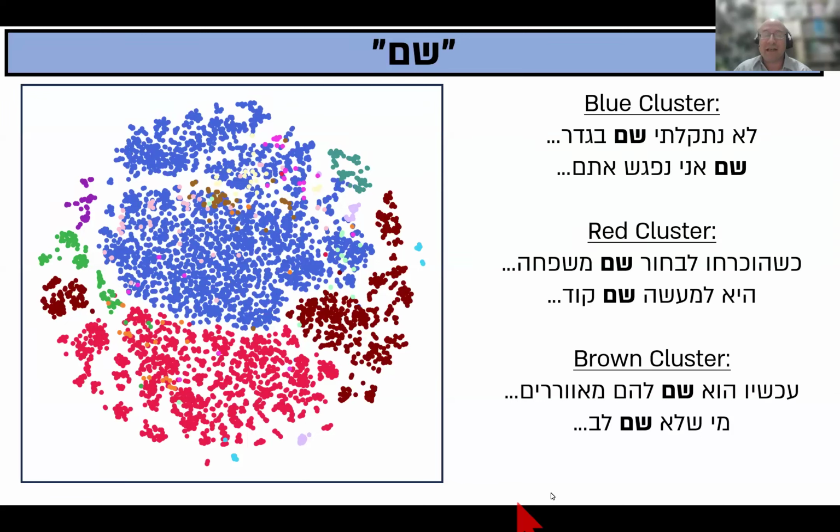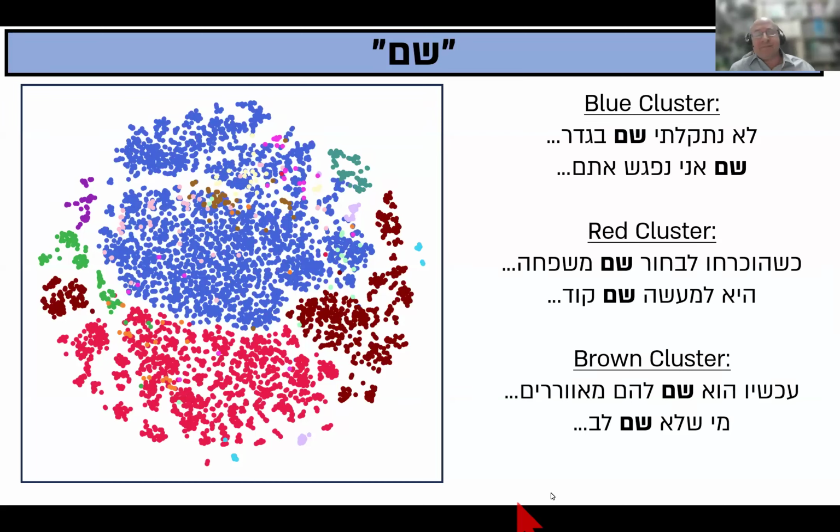It can mean a name, and that's the red cluster, and it can be a verb meaning to put, which is the brown cluster. These are three very different usages of the word, and they're represented in this embedding space, where each dot is one of these 10,000 usages, which I took at random from a large corpus. So there's a natural distribution here.